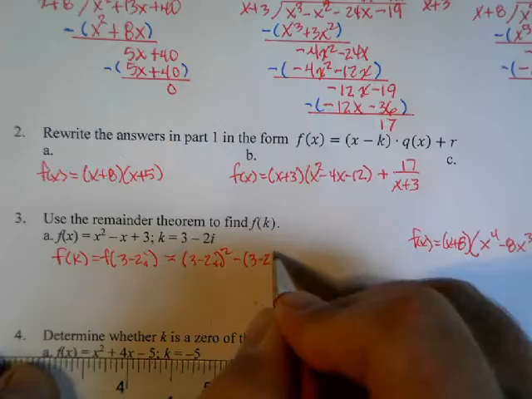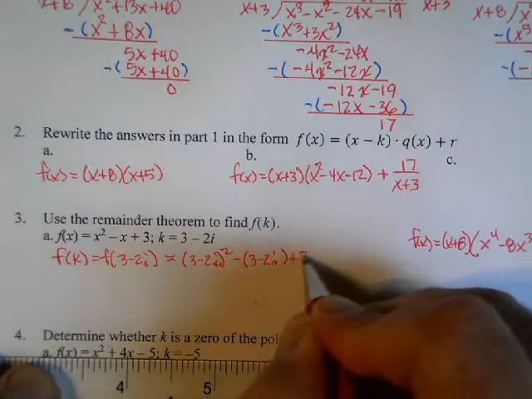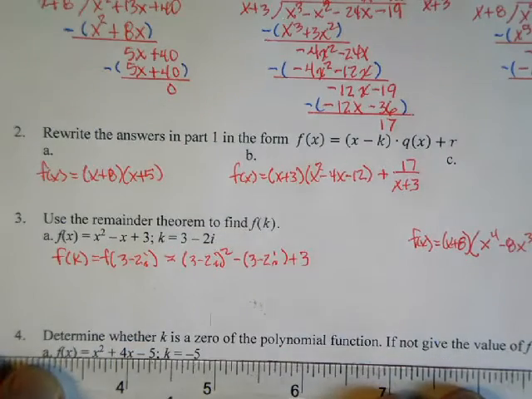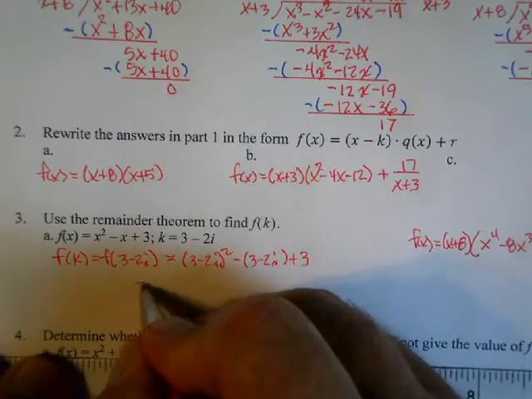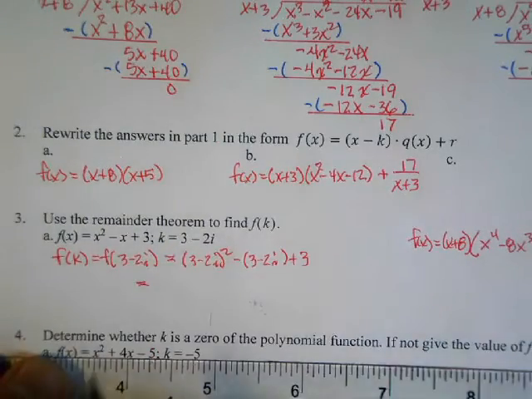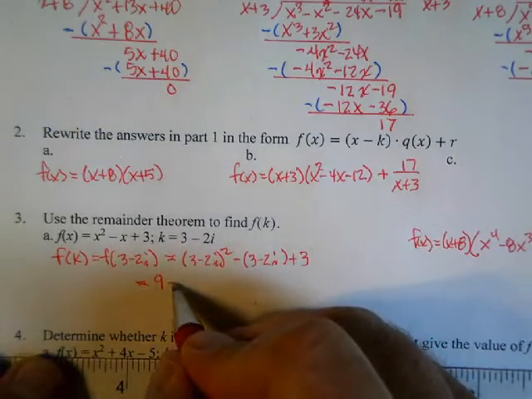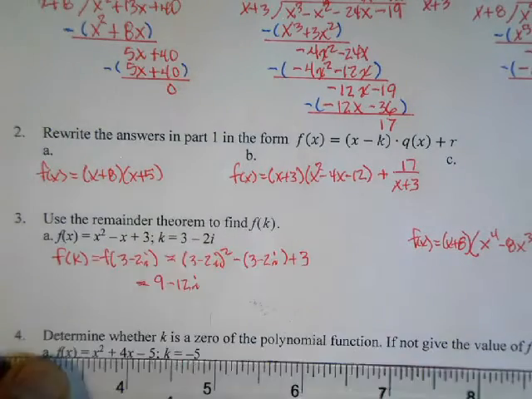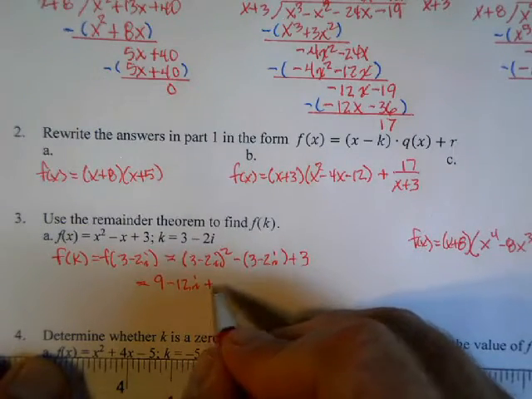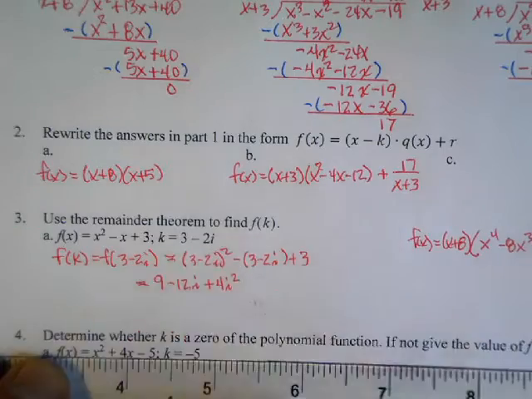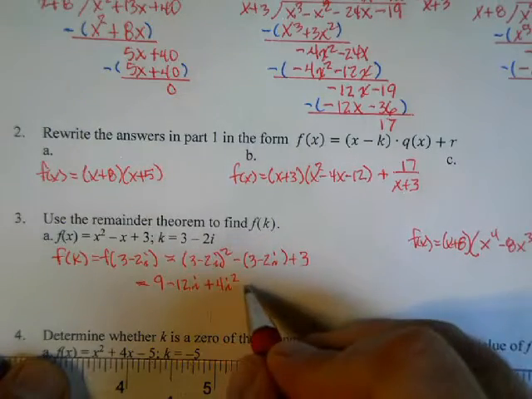So everywhere we had an x, we put in the 3 minus 2i. Now, we have to FOIL this. That's going to give us 9, subtract 12i, plus 4i squared. And then here we have subtract 3, plus 2i, and then plus 3.